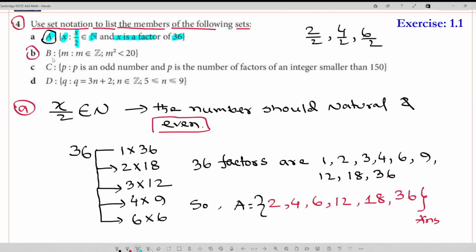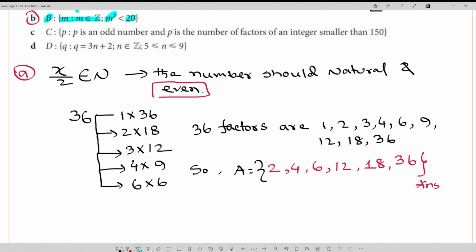Number B. Here is a set B, m such that m is an element of Z, it means integer, and m square is less than 20. So number B, m is an element of Z, it means integer.